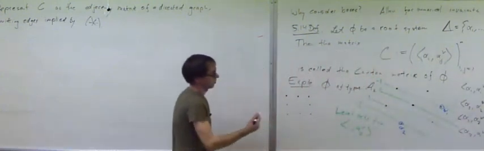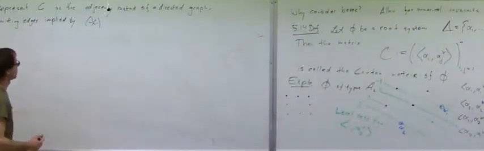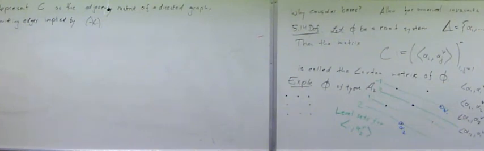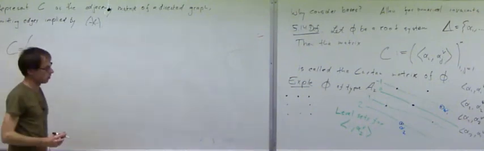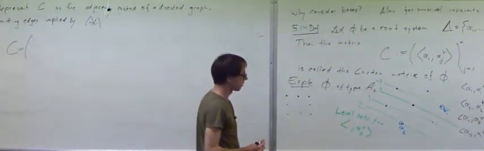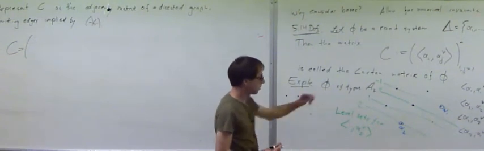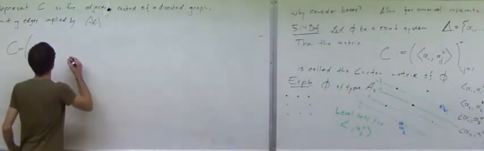So I make this more precise just with examples. Let's consider the Cartesian matrix we just calculated here, 2 minus 1.